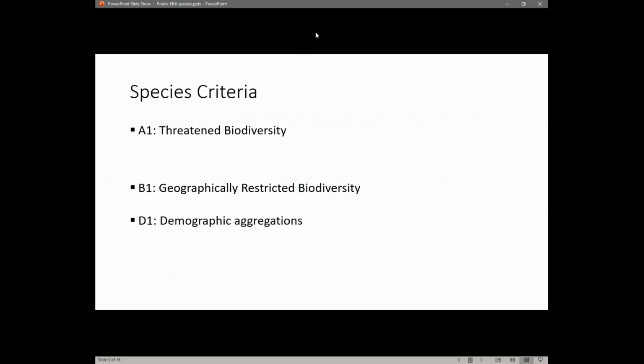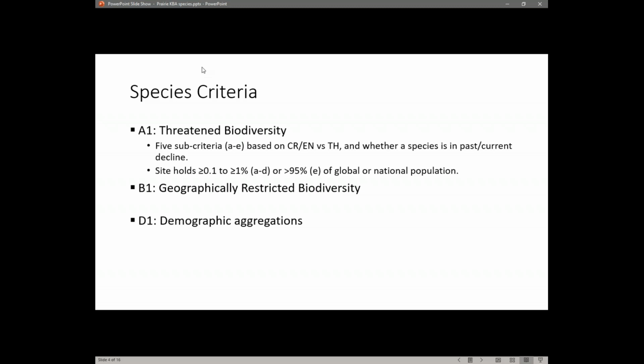The species criteria that we're looking at, or the biodiversity element criteria we're looking at for species, is primarily A1, which is threatened biodiversity, B1, which is geographically restricted biodiversity, and D1, which is any kind of demographic aggregation or large concentration of species. I think Kiara had already mentioned this, and Pat, you've also mentioned some of these, but this is as they apply to species.